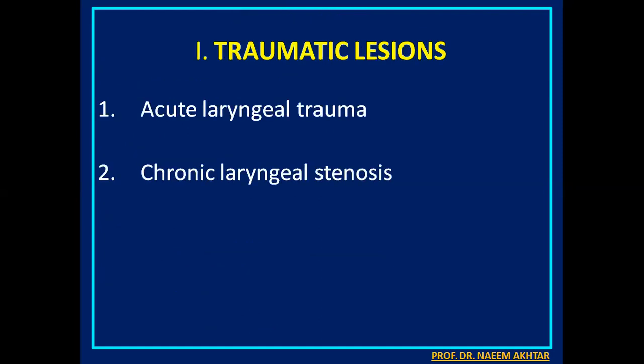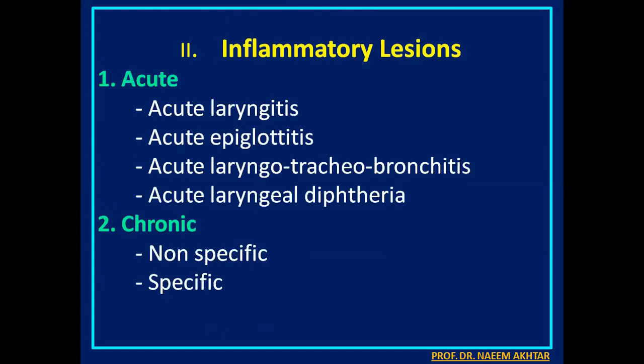The traumatic lesions are again divided into acute laryngeal trauma and, second, chronic laryngeal stenosis. The inflammatory lesions consist of acute inflammatory lesions and chronic inflammatory lesions. In acute, we have acute laryngitis, acute epiglottitis, acute laryngotracheobronchitis, and acute laryngeal diphtheria.